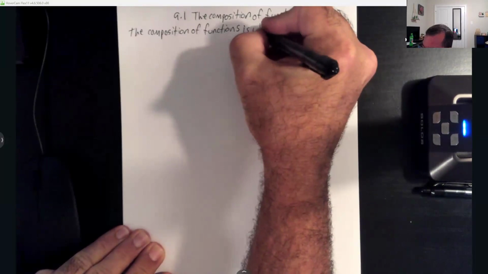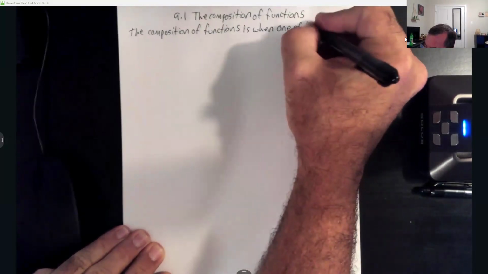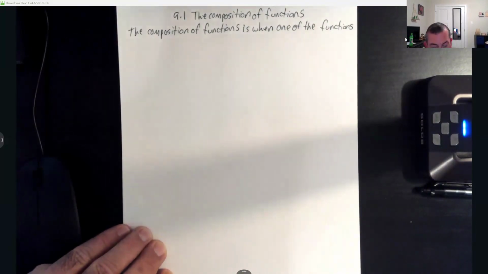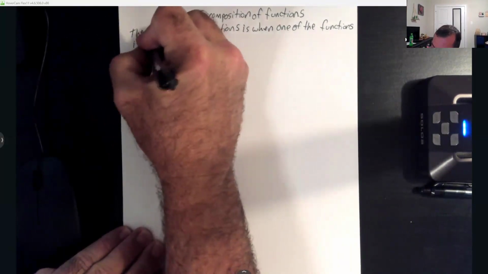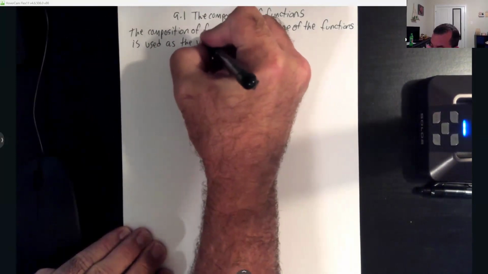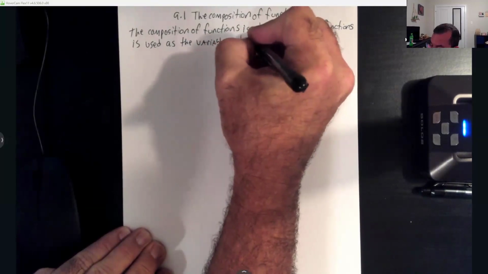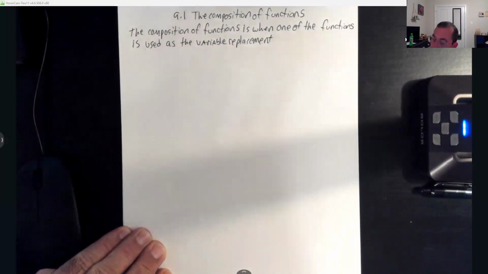is when one of our functions is used as the variable replacement for another function.